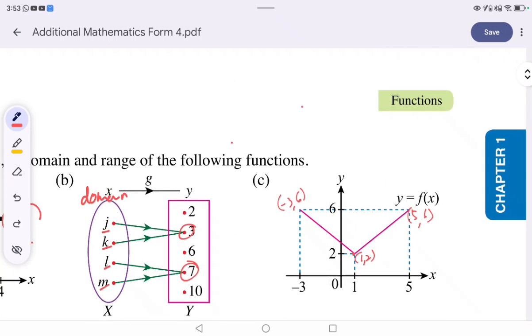So now you can state your x numbers all become your domain: -3, 1, and 5 is your domain.